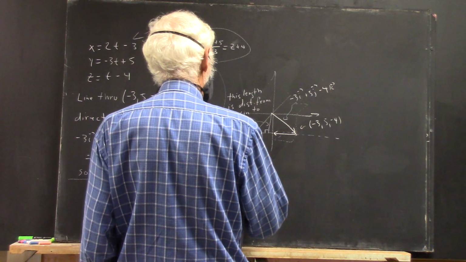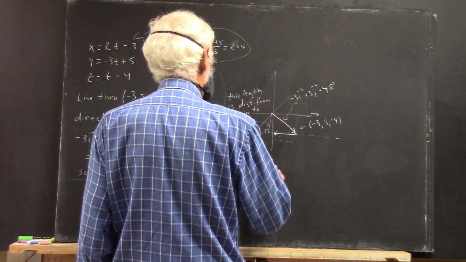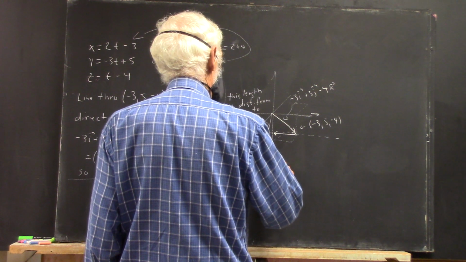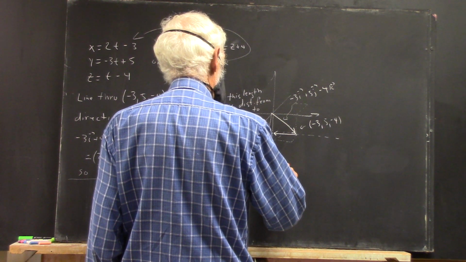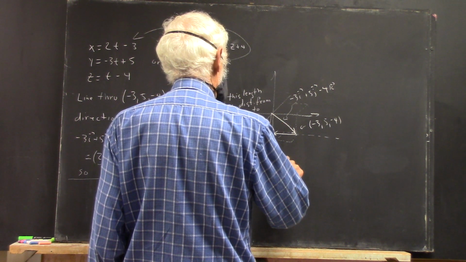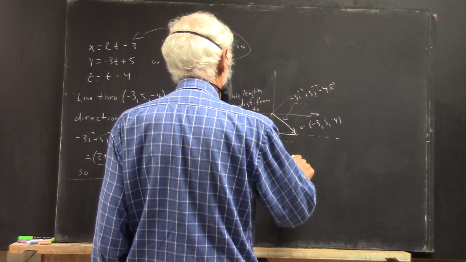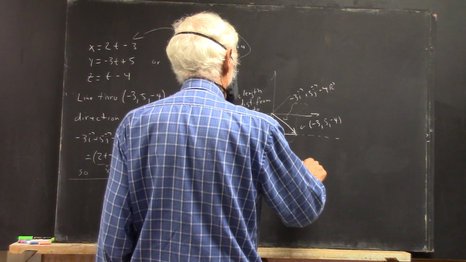Well, we can do the projection of the -3i plus 5j minus 4k.